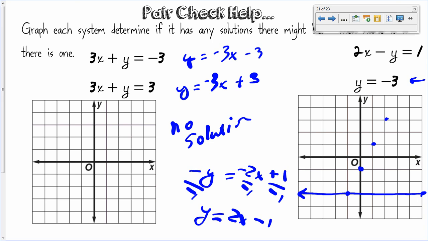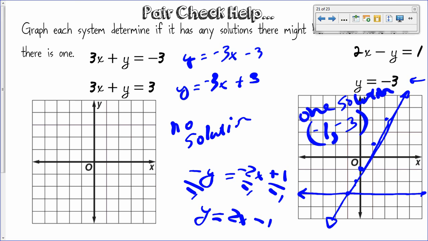Where are these two lines going to intersect? How many solutions? One. What is it? What's the solution? Okay, -1 and -3. One solution. Okay?